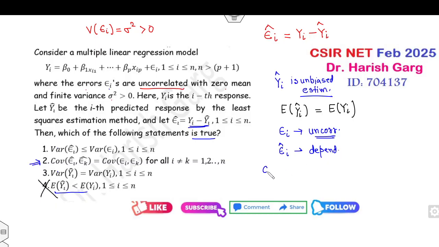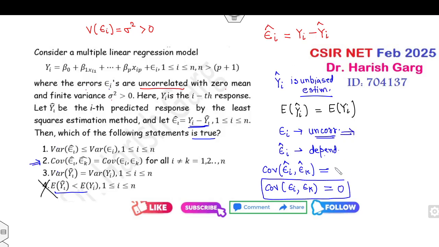So definitely the covariance of epsilon i and epsilon i cap is 0 because they are uncorrelated, but for the dependent ones it may or may not be 0. But he said they are always the same for all values of i and k, which is not always 0. So that means the second option is also cancelled out.